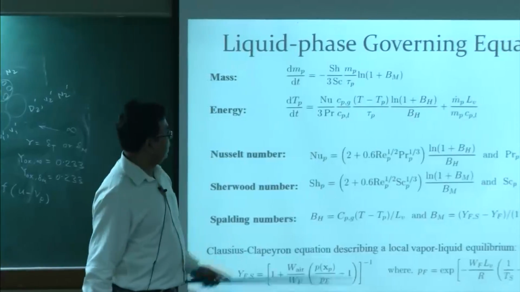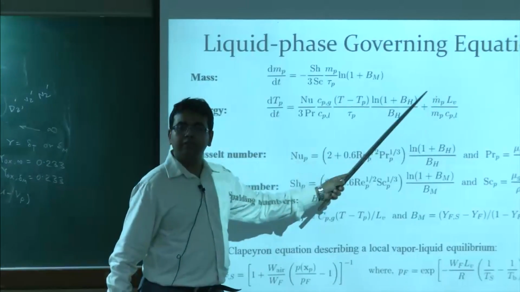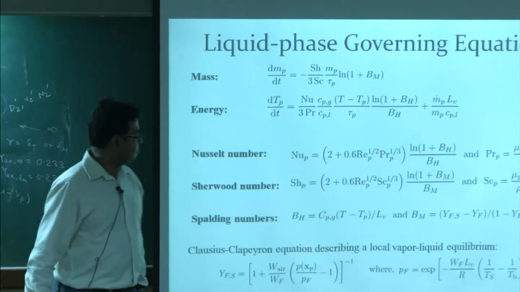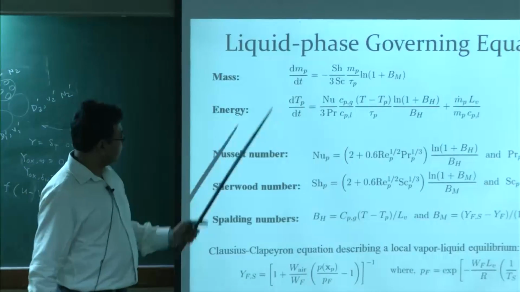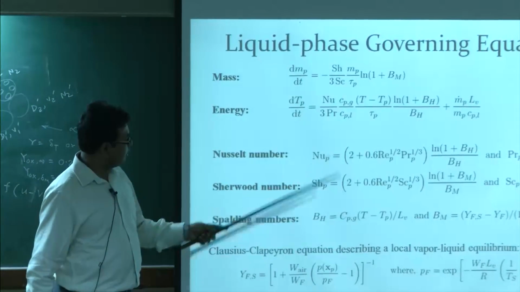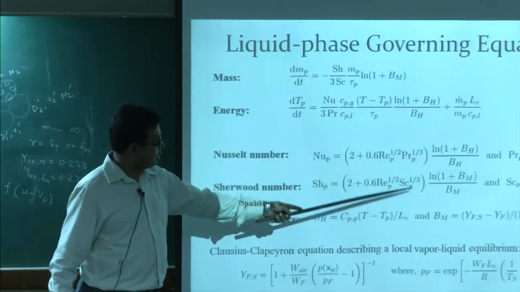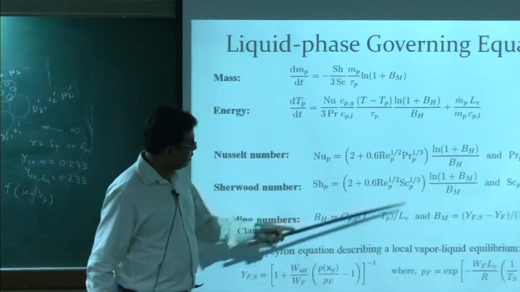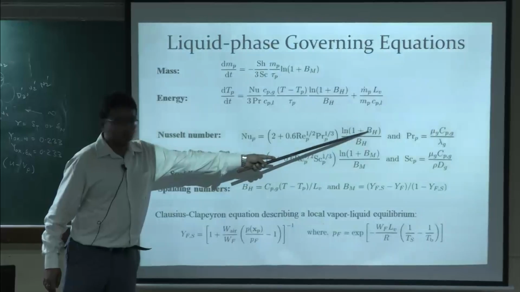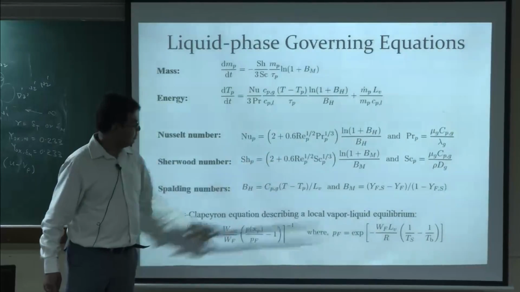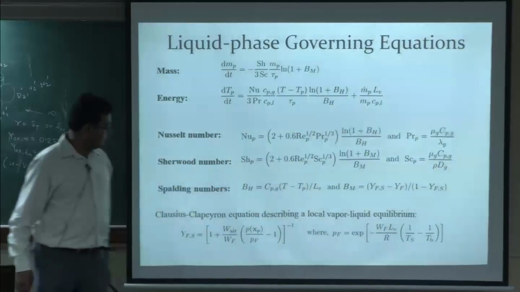And m dot is negative, so that is why it will be subtracted. So this is the change in droplet temperature, and then there are non-dimensional numbers like the Nusselt number and Sherwood number. These are functions of the Reynolds number, Prandtl number, and Schmidt number, and there are the Spalding transfer numbers BH and BM that you can calculate like this.